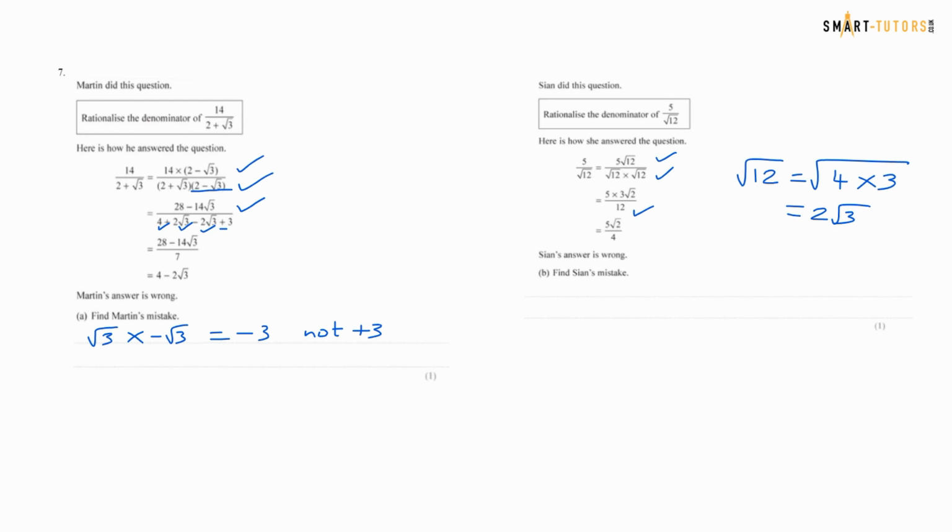So they put 3 root 3. So square root of 12 equals 2 root 3 according to my explanation here, not 3 root 2. So that is the mistake. This is the mistake here, right?